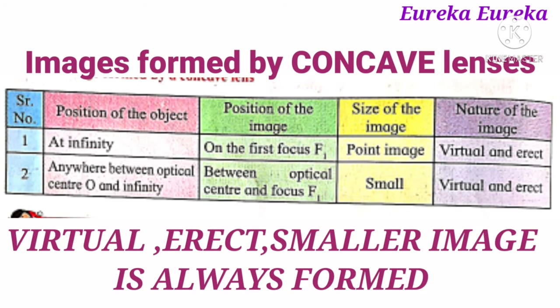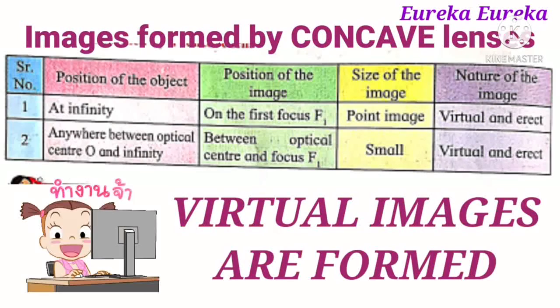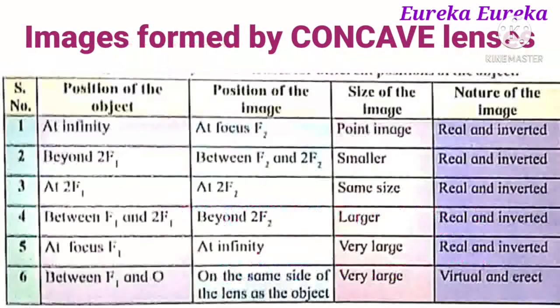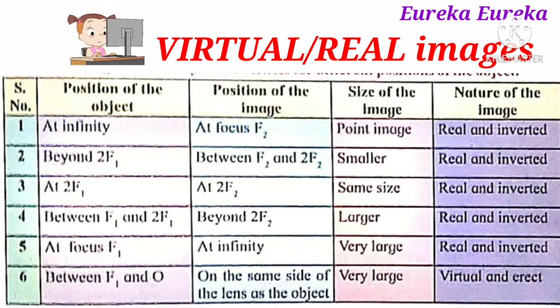And here is a table which shows the position of the object, the position of the image, the size of the image, and the nature of the image when an object is placed in front of a concave lens. आणि या टेबलचा आपण जर व्यवस्थितपणे अभ्यास केला तर आपल्या असे लक्षात येईल की whenever a concave lens is used, the image which is formed is a virtual image. म्हणजे virtual image या ठिकाणी तयार होणार आहे, but a convex lens gives both the types of images, that is a real image as well as a virtual image.